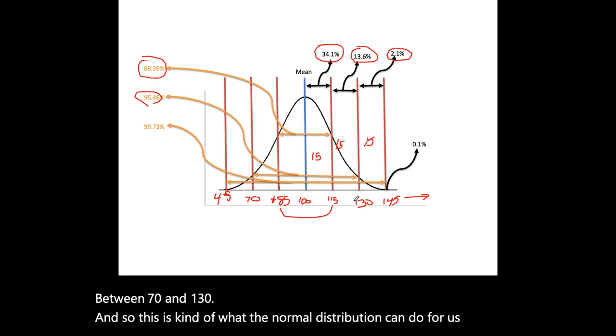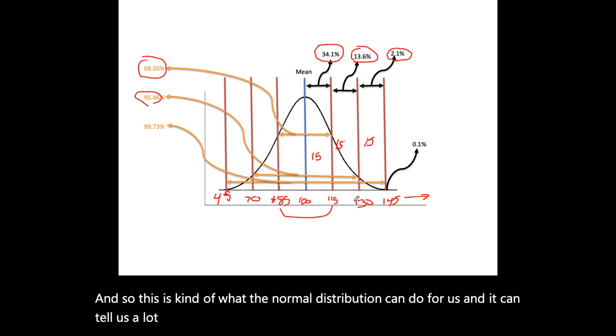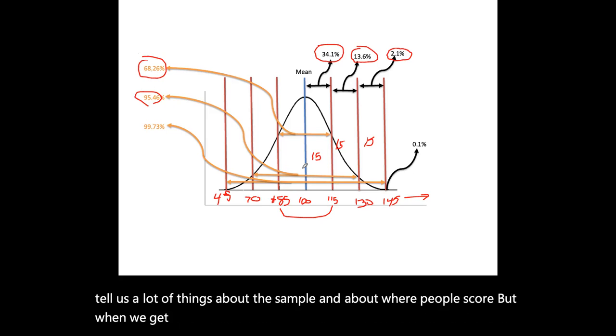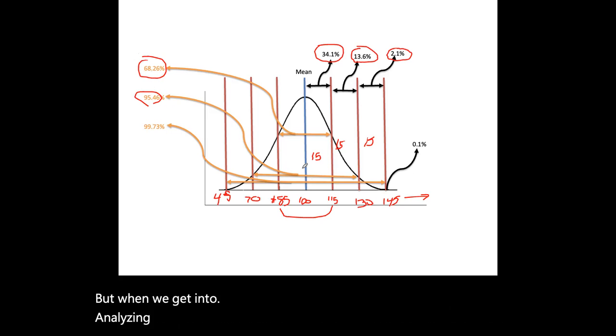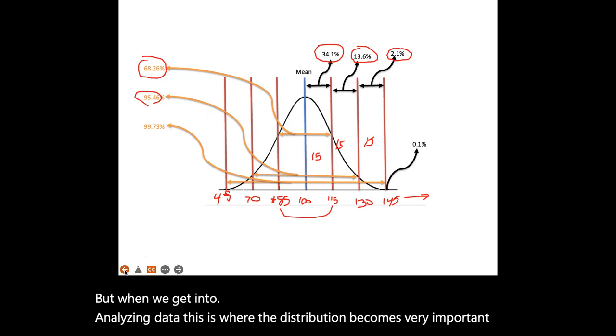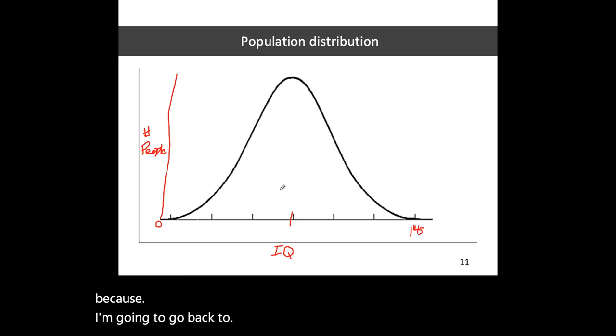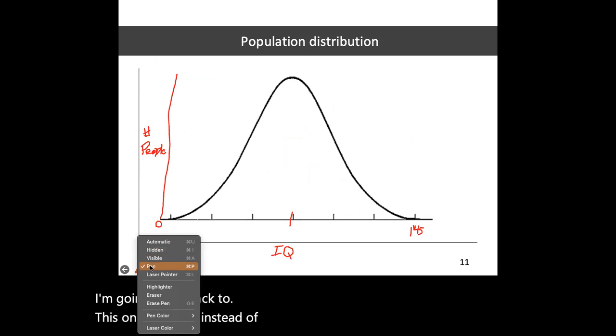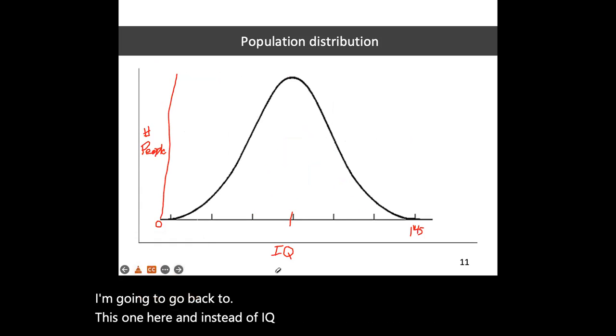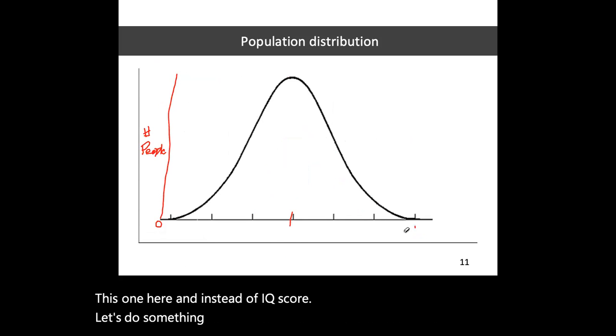It can tell us a lot of things about the sample and about where people score. But when we get into analyzing data, this is where the distribution becomes very important, because I'm going to go back to this one here, and instead of IQ score, let's do something else.